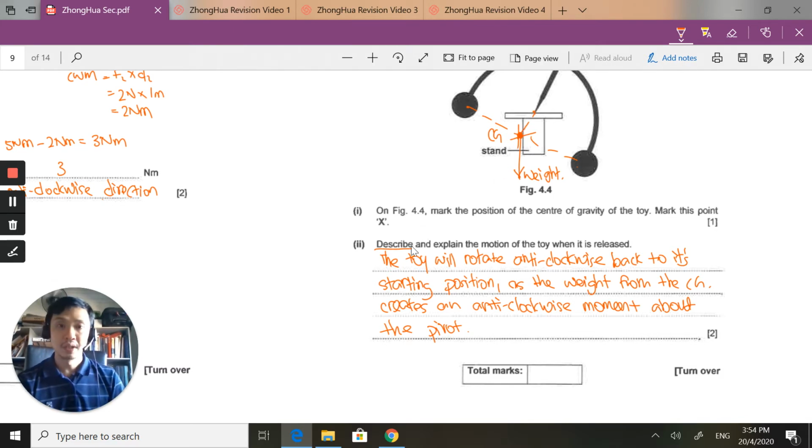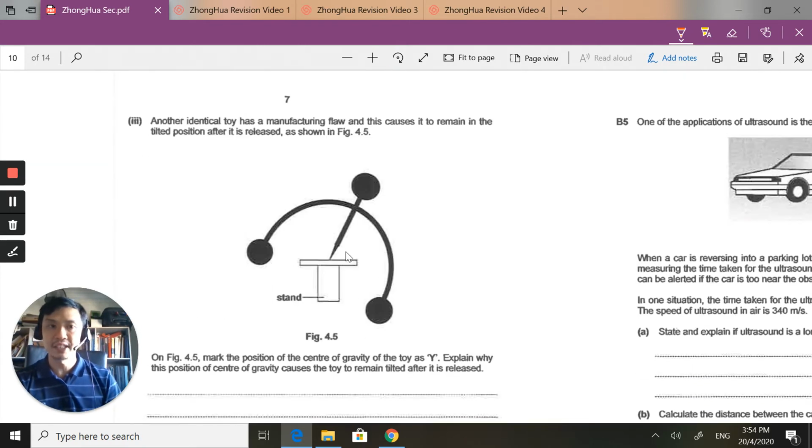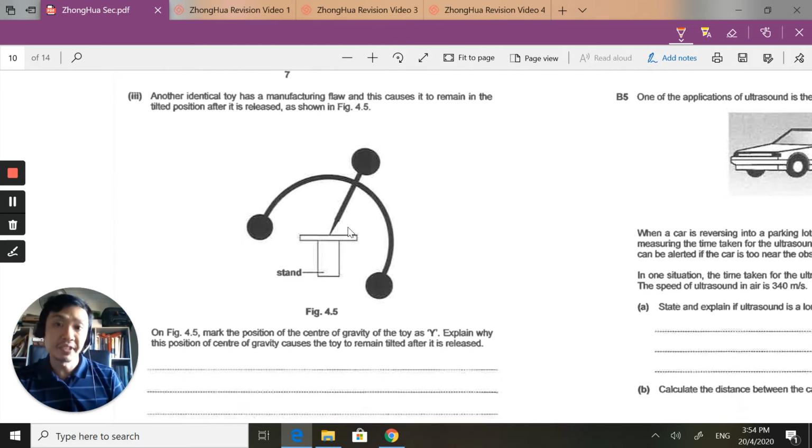Okay, so now the next part says that there is a defective toy. After releasing it, it remains in this position. So very simply, if it remains in this position, it means the line of action of the weight from the CG is in line with the pivot point here. That's why things remain in equilibrium, because the CG is in line with the pivot point.